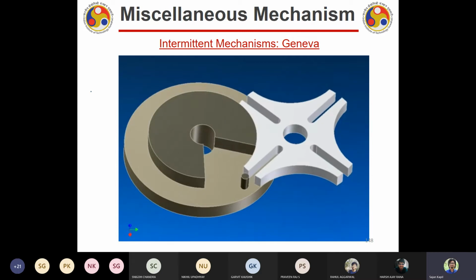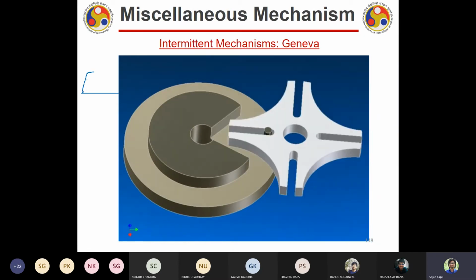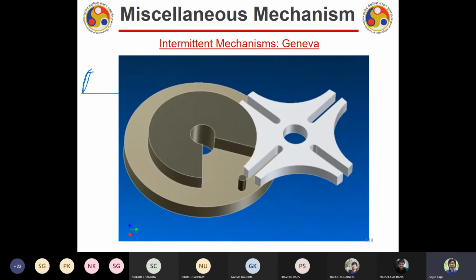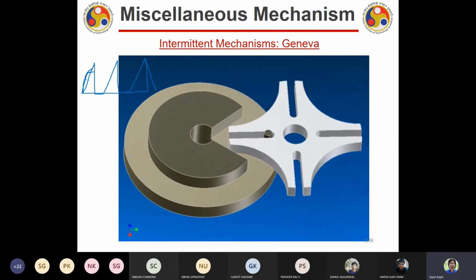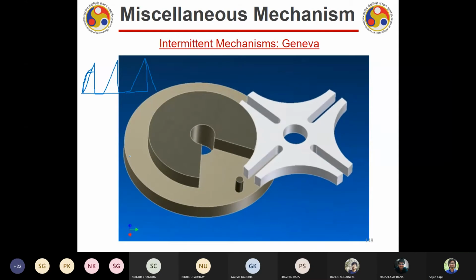It rotates, its RPM increases, then suddenly goes down and stops. Then again it goes like this, then stops. Then goes like this, then stops. Something like this, correct? So this is called the intermittent Geneva mechanism.